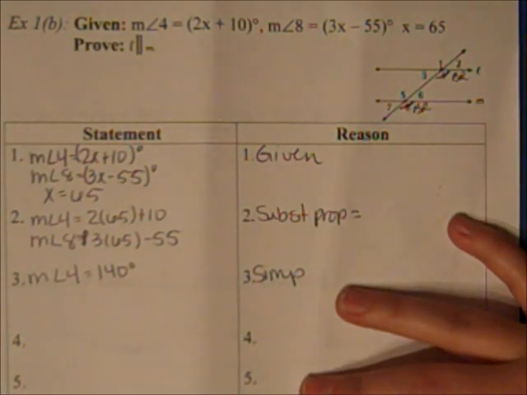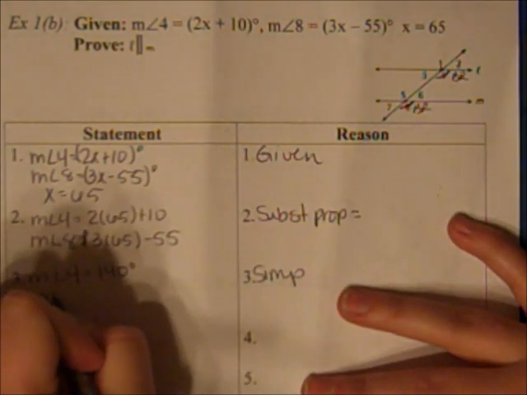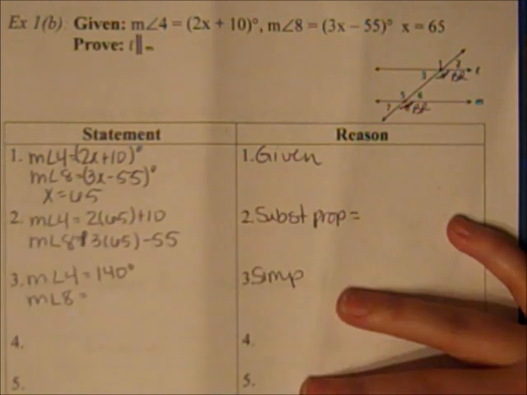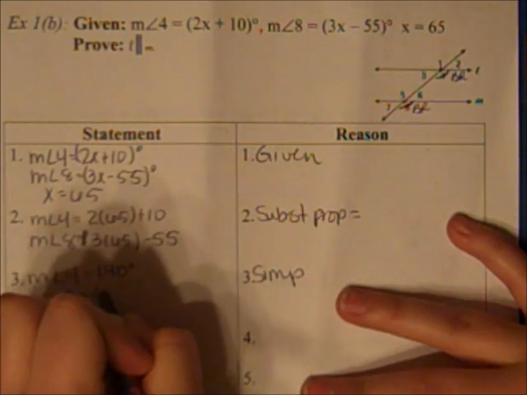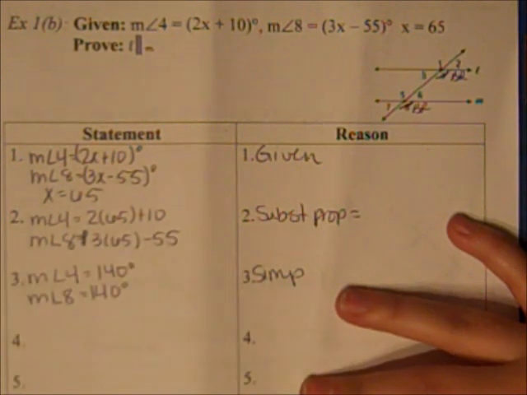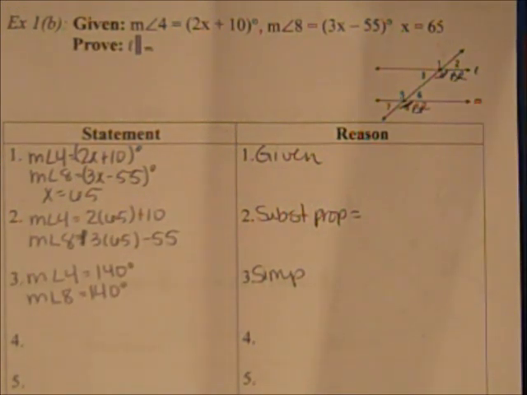Measure of angle 8, let's do that the same way. 65 times 3 minus 55, 140. Good, so they both equal 140 degrees, which is what I was hoping.